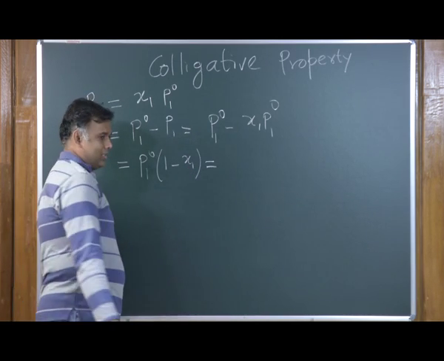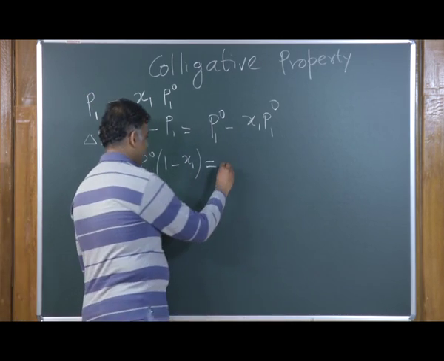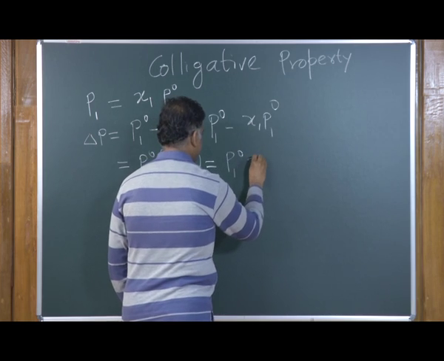So, 1 minus x1 is the mole fraction of solute. So, we get P1 0 x2.